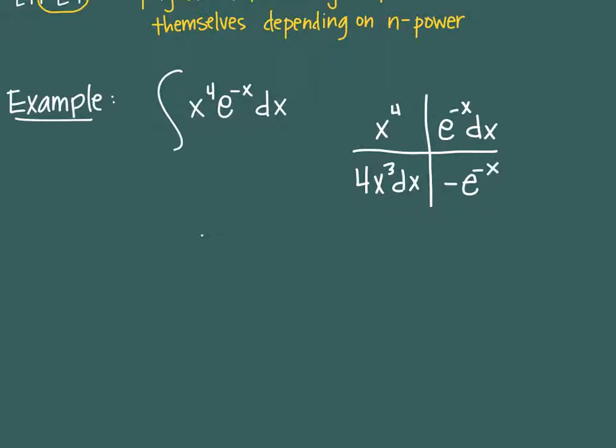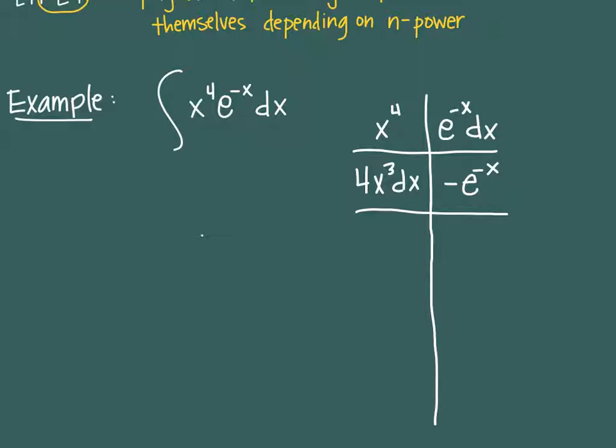If I recognize I have to do this multiple times, we're just going to extend this a little bit longer. Down the left side, we keep doing derivatives, and on the right side, we keep doing antiderivatives, until you get to a derivative of 0.